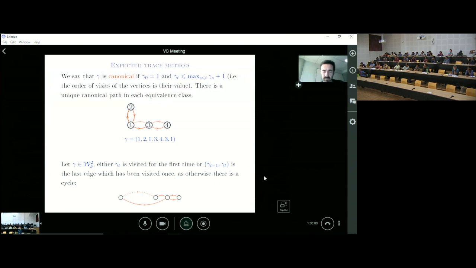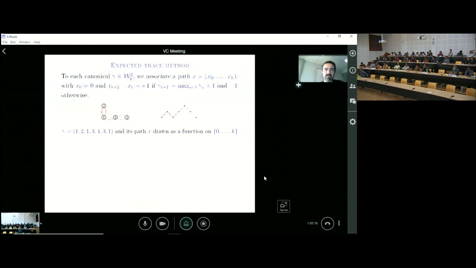There were no other choices. So this property allows me to draw a bijection between my canonical paths and what are called Dyck paths.